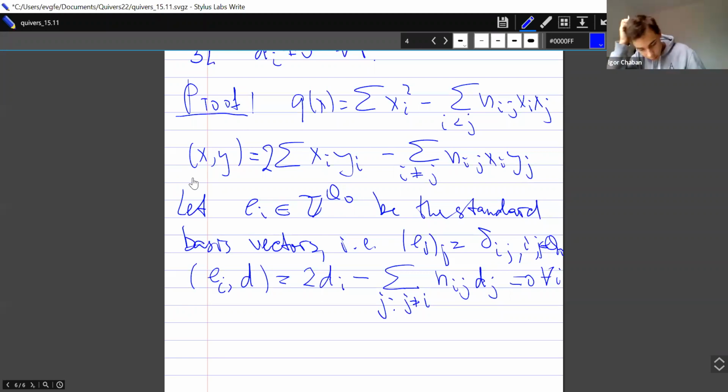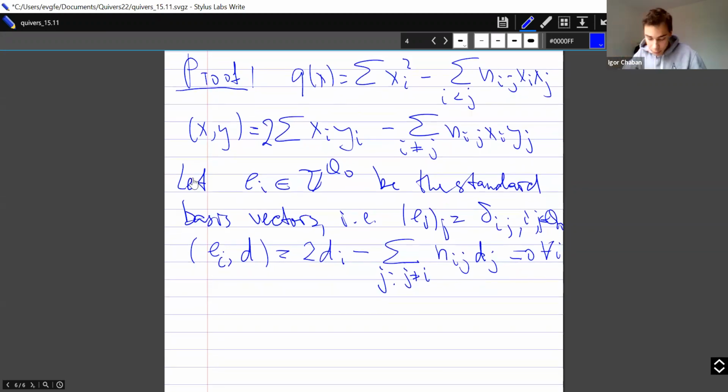Yes, we know that the quiver is connected. So for each vertex i, there is a j such that n_ij is not equal to 0.